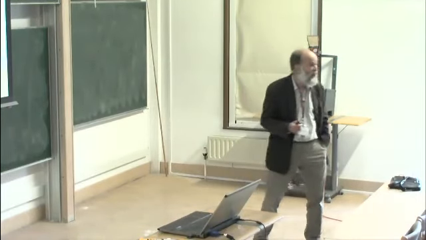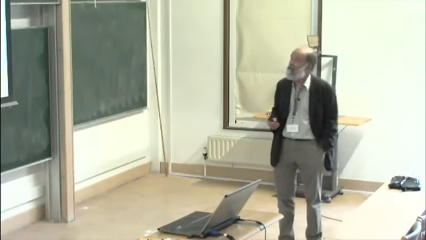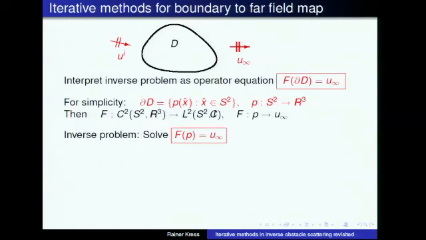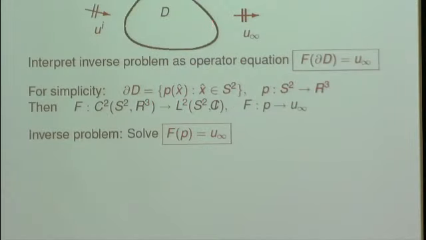The simplest idea for iterative methods is you interpret the inverse problem as an operator equation, where F is the operator that, for a fixed incident field, takes the scatterer, or the boundary of the scatterer, into the far field pattern.